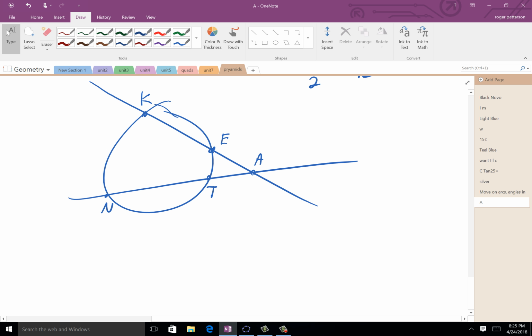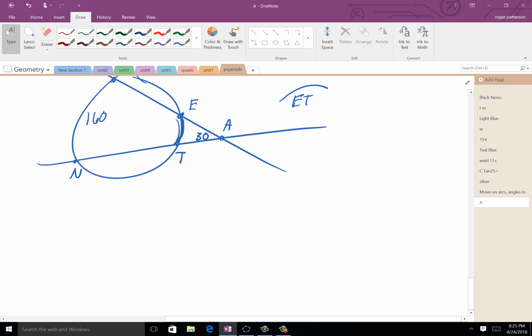Okay. This time, I'm going to say that this arc here is 30. And I'm going to say that this whole thing here is 160. And I want to find the arc ET. Okay, here we go. So this time we have 30 is equal to 160 minus, we're not sure what that is, divided by 2.